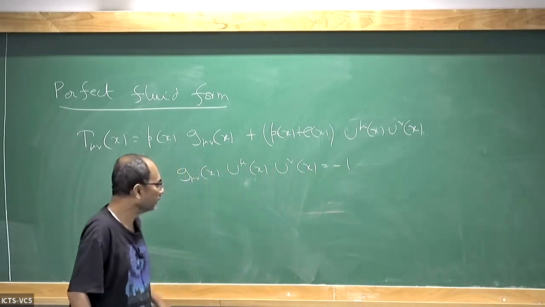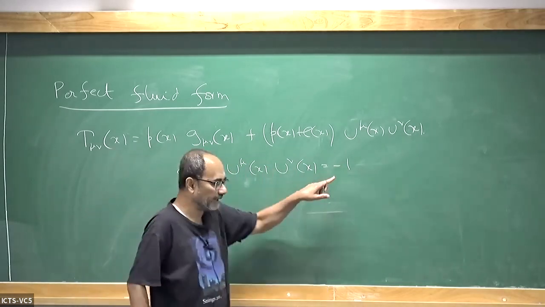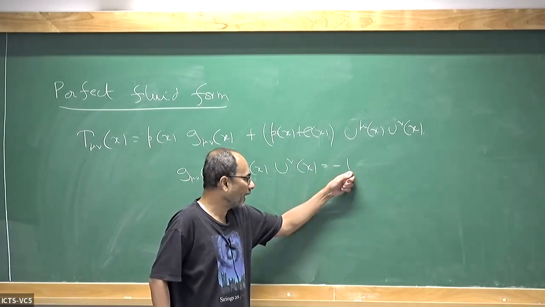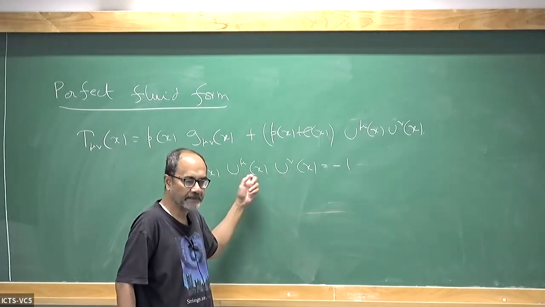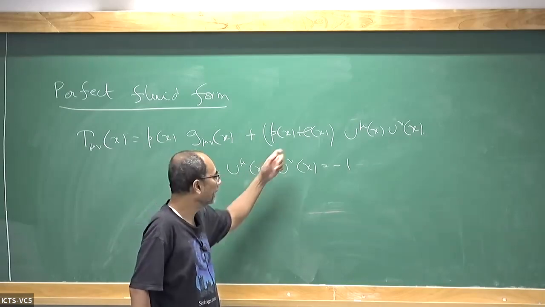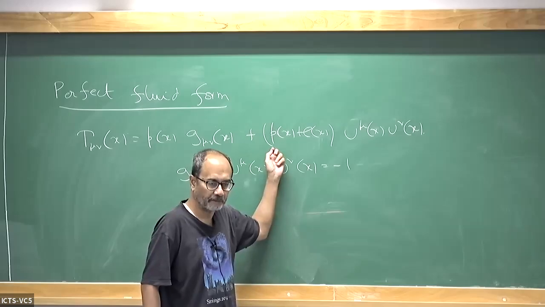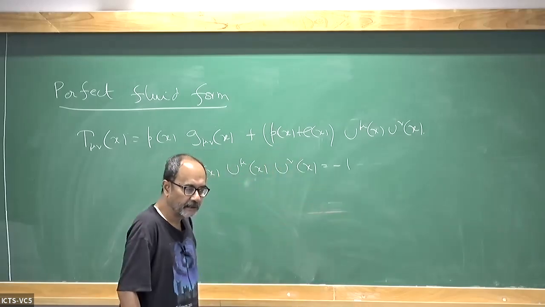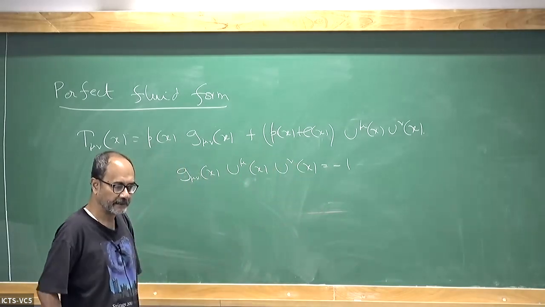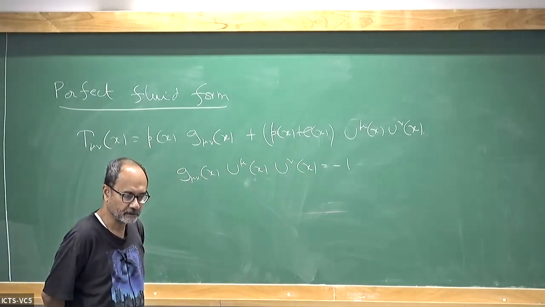So the only content of this condition is a minus sign, right? Because this 1 can always be changed by simply multiplying u of x by some function f of x, right? And that function will just change the definition of rho of x from here. Okay, but the minus sign is important. Okay, so u mu is a time-like vector, right? That's what we are assuming.